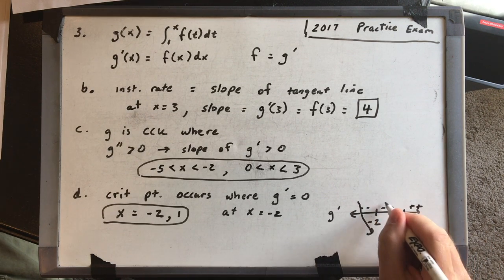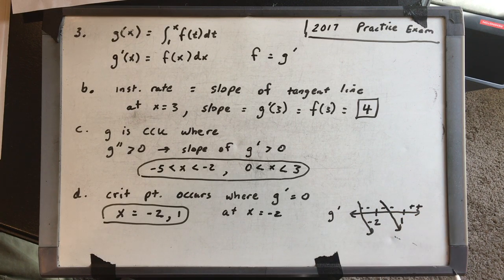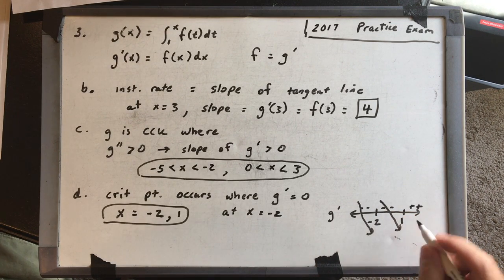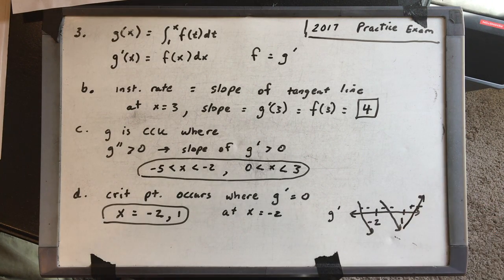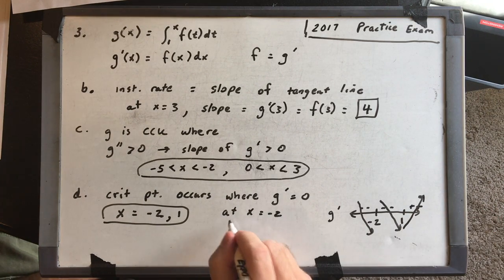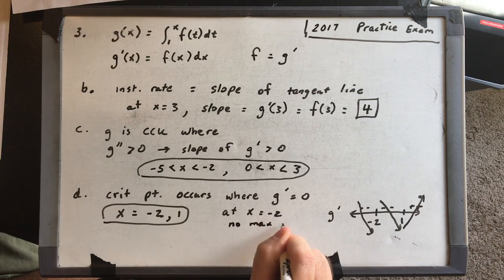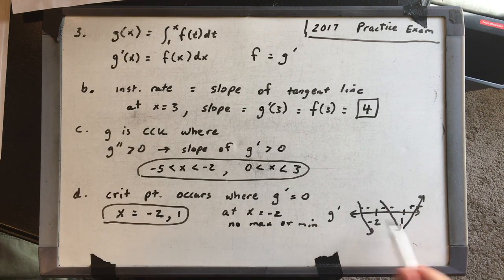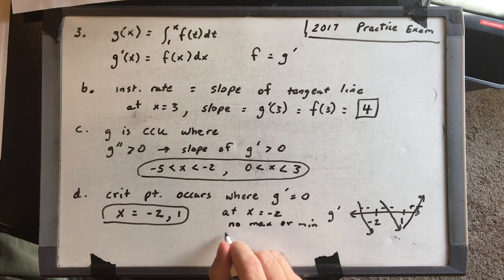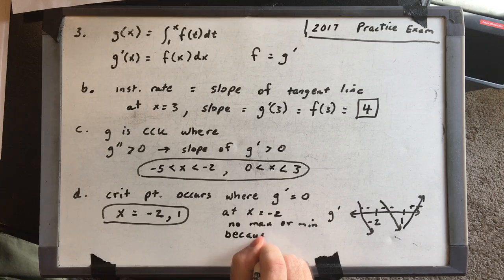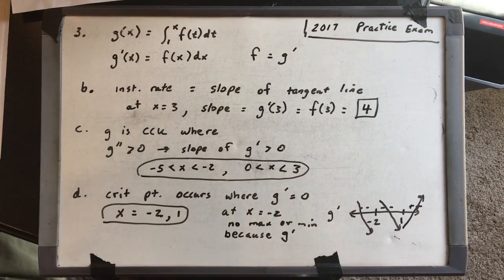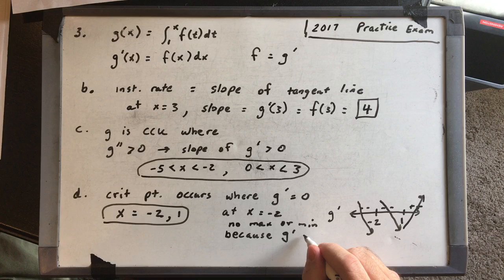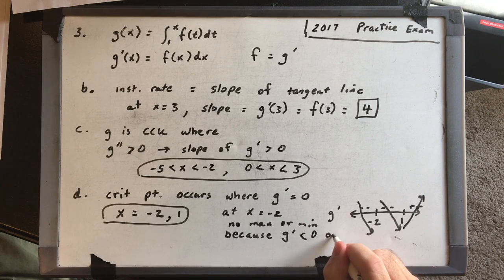So we don't have a minimum or a maximum at -2, but we do have a minimum at 1. So at x equals -2, no max or min. And this sign line would probably be an adequate explanation, because you could say g prime is less than 0 on both sides.